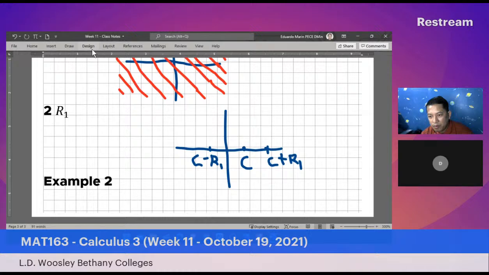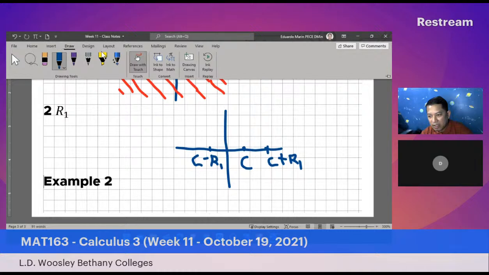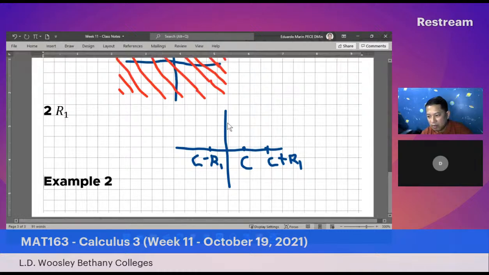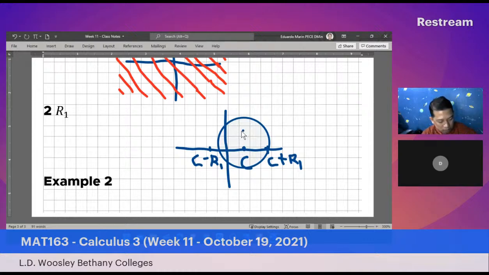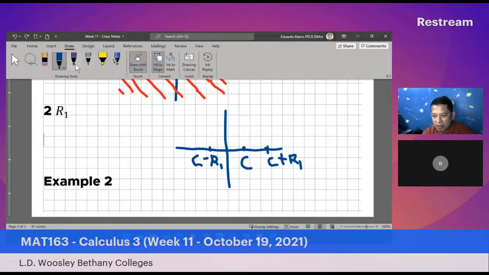Okay. Now, if you would draw the circle, that would determine now the shape. This would be now what we call, teka, ayaw niyong madrag. Mali ako ng drawing. Teka. Baguhin natin yung ano.